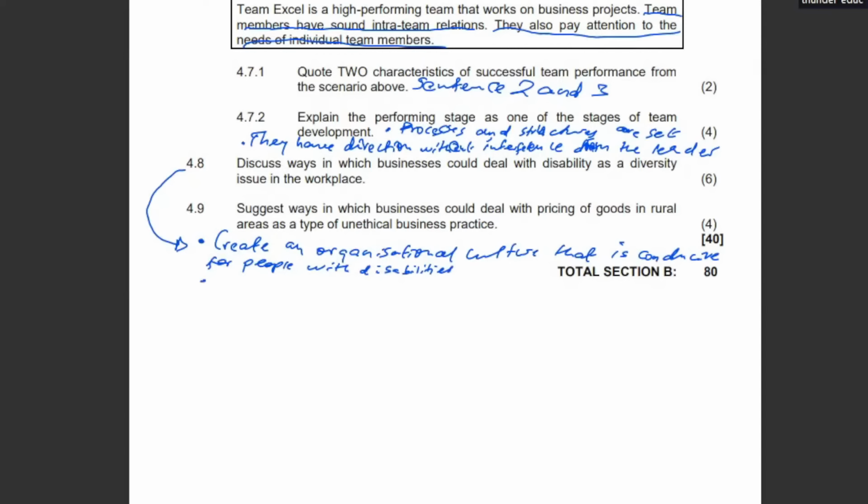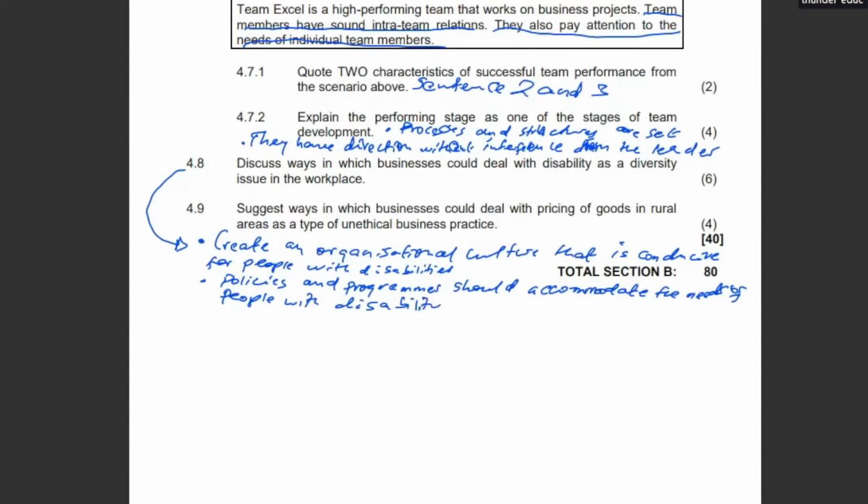And also we said that policies and programs should accommodate the needs of people with disability.